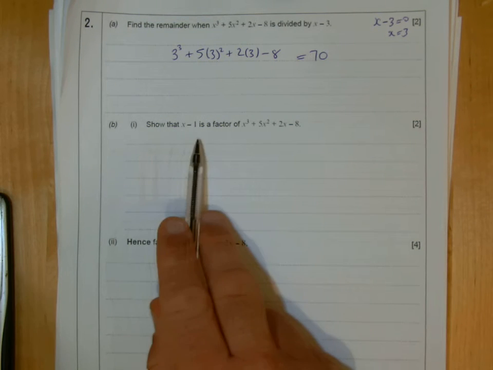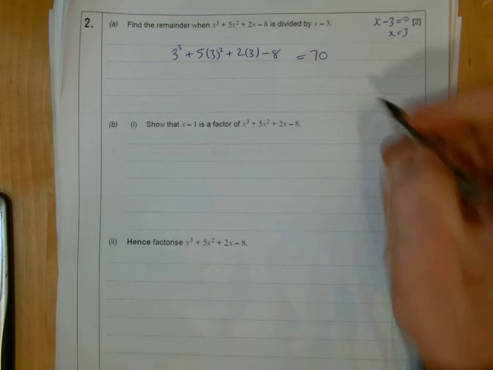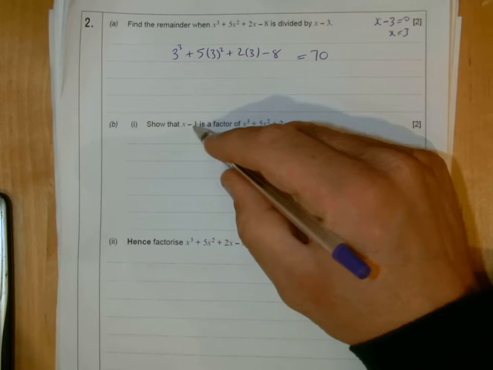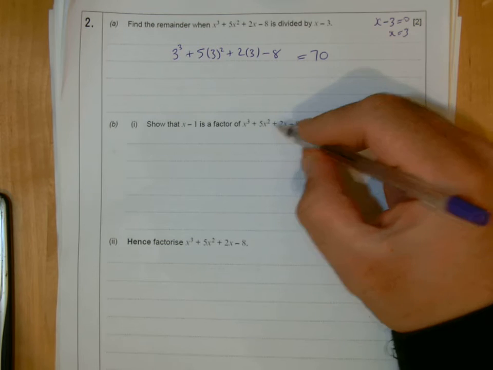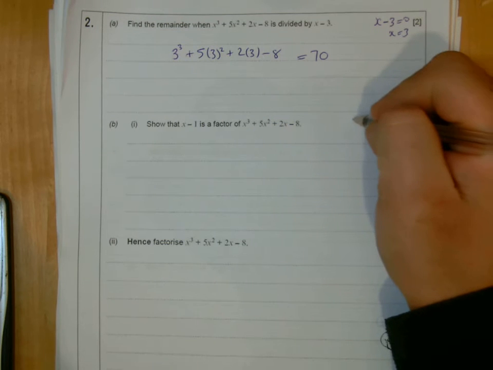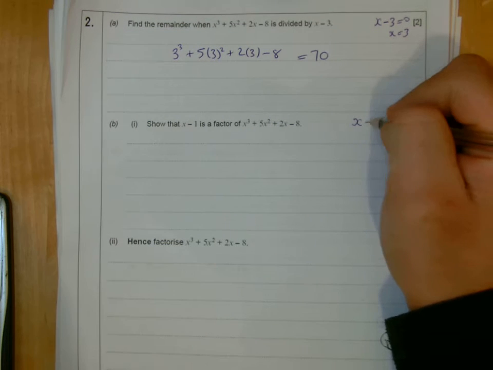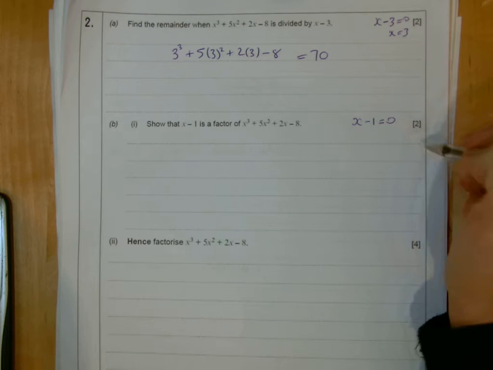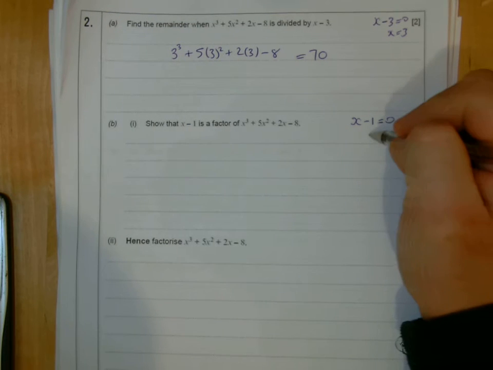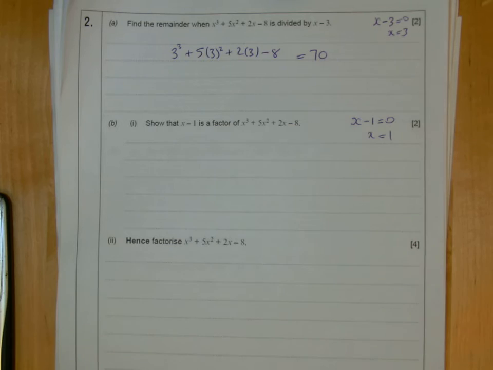But part B then says, show that x minus 1 is a factor. That means if you divide by it, it goes in perfectly because it's a factor. So it's one of the solutions, in fact. If we were interested in it equal to 0, we'd have x to be 1.